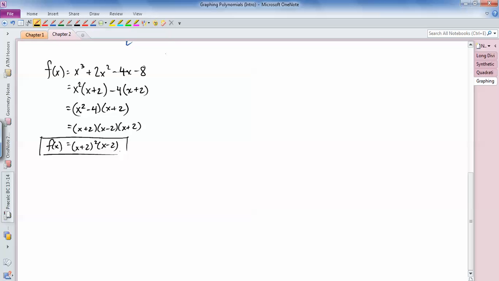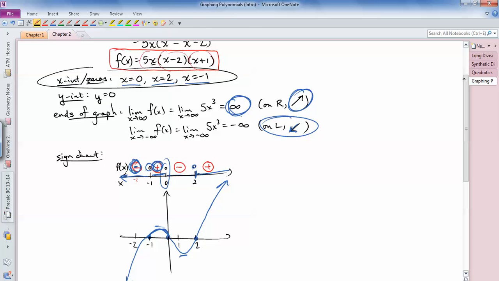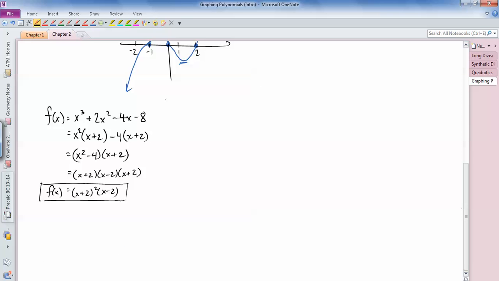So from here, you might want to pause it, see if you can find all those things that we found earlier: the x-intercepts, the y-intercepts, the ends of the graph, the sign chart, and then sketch it. So I'm going to do that real quick over here. The x-intercepts are plus and minus 2, because -2, +2. Y-intercepts, if you plug in x equals 0, you get y equals -8.